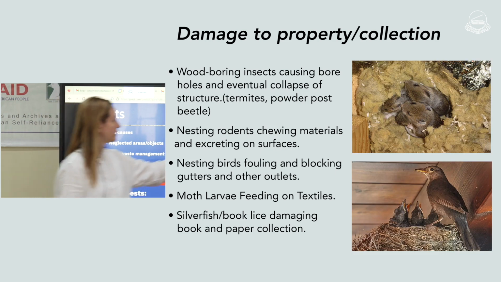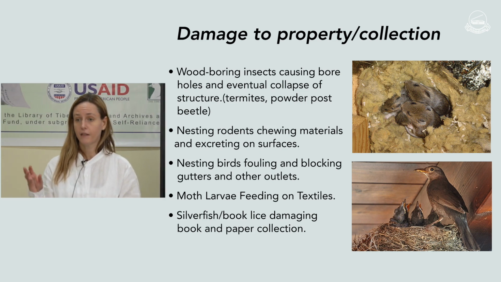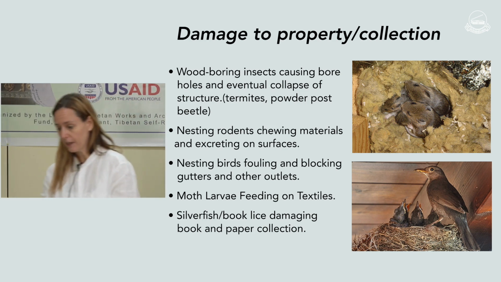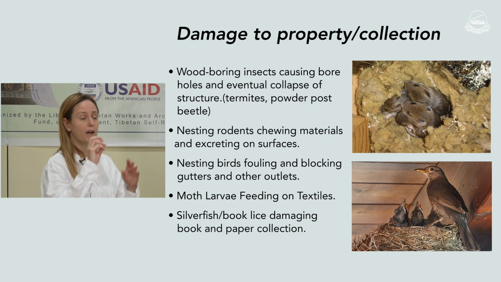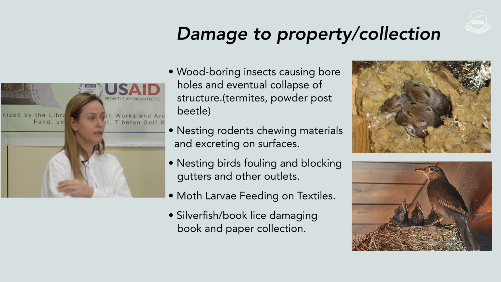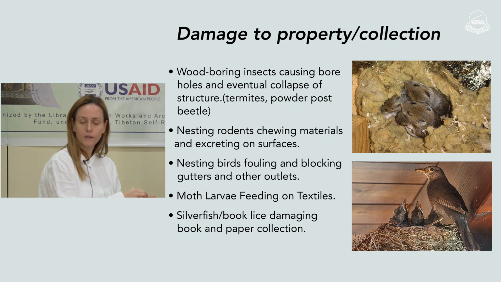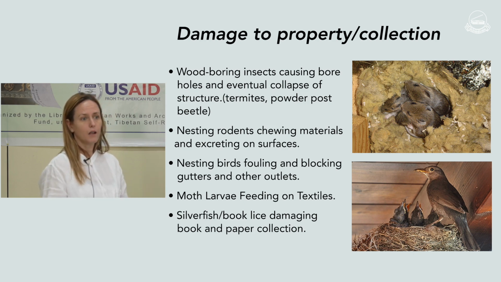Nesting rodents, both rats and birds, because as Teresa and Mike had pointed out, when you have these bird nests, there are lots of insects living in those nests, and they're living in the birds. And sometimes you might even have birds that have passed on, and then the insects come and eat the carcass of the birds, and then they're like, well, I'm still hungry, so they're going to go somewhere else.